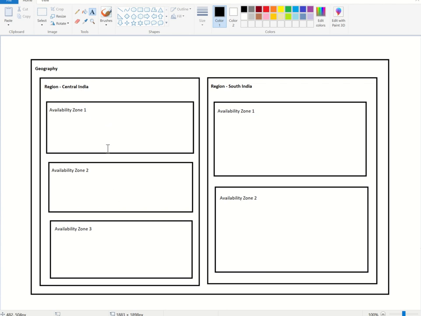In that case, apart from your zone one maintaining three copies of your data, zone 2 also maintains the same three copies of data, and zone 3 also maintains three copies if it is configured. So while creating a resource, if you select zone redundant replication, then your data is replicated across availability zones. That is the concept basically.